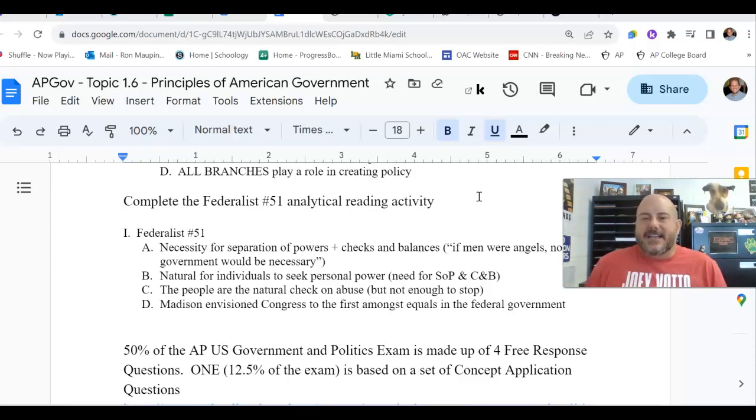Madison is going to be pretty clear in the way that he writes that there's an understanding that even amongst these 3 equal branches of government, Congress is going to be envisioned as the driving force of government, a first amongst equals, if you will. I tend to use the phrase, driving the bus, in terms of power and setting the agenda for government and deciding what direction we're going to go and things like that.